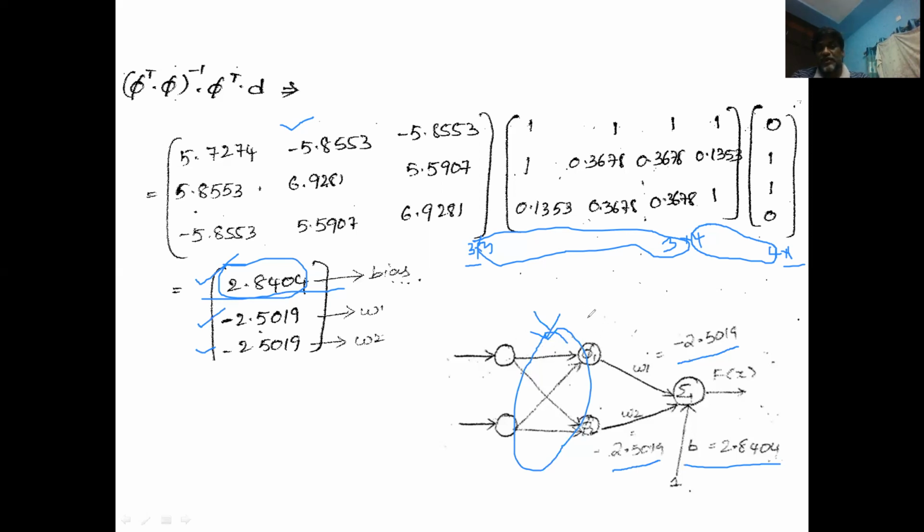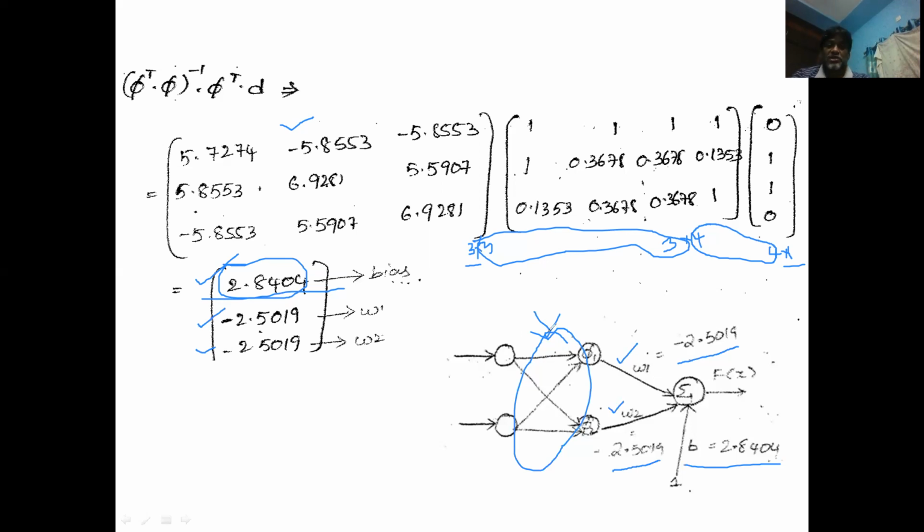So we don't use any weights here. The function phi, that is the interpolation matrix, is used here for converting your input space into hidden space. Once you get that, the linear mapping needs these weights. Nonlinear mapping does not require any weights. Linear mapping requires weights. Therefore, we are using weights over here.